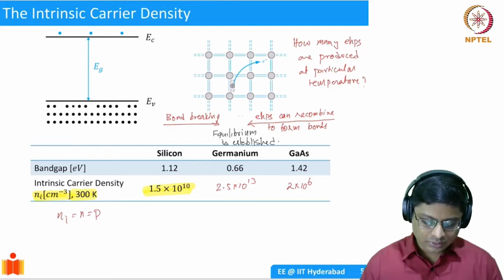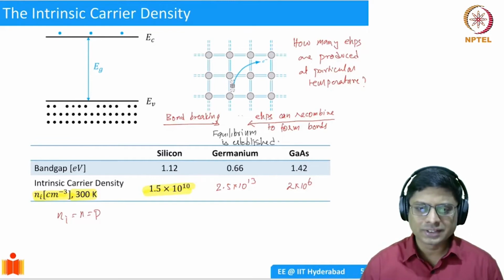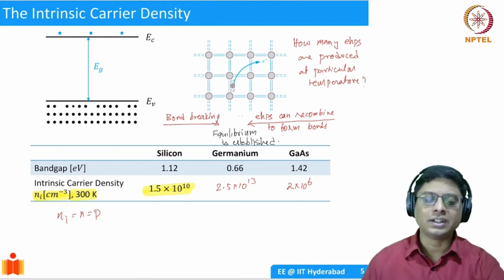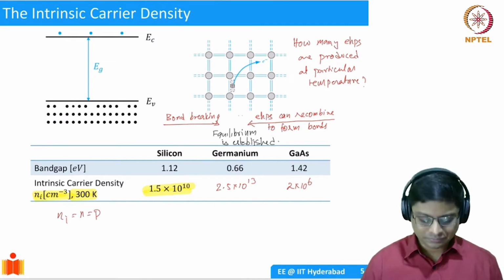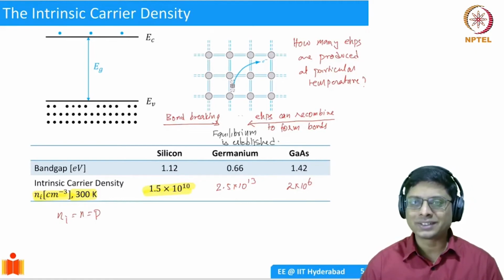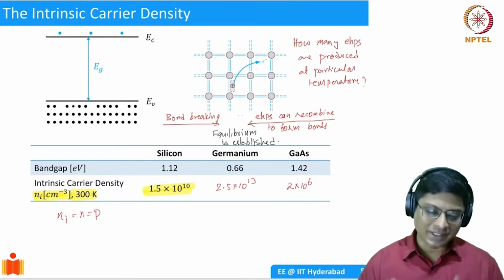So, is it large? Is it small? What do you feel about the intrinsic carrier density? If you think about it, it seems to be fairly large, right? 10 power 10, so 10 billion electron hole pairs. It seems like a lot, but you should remember what the atomic density is.